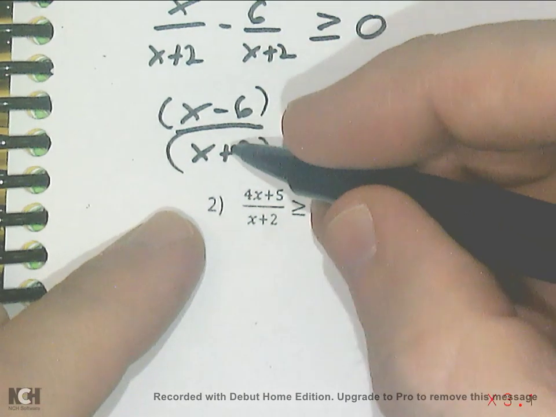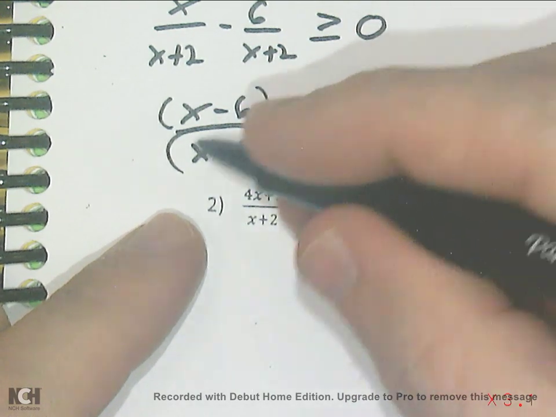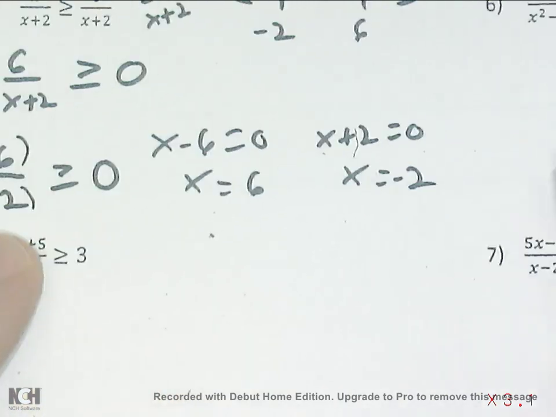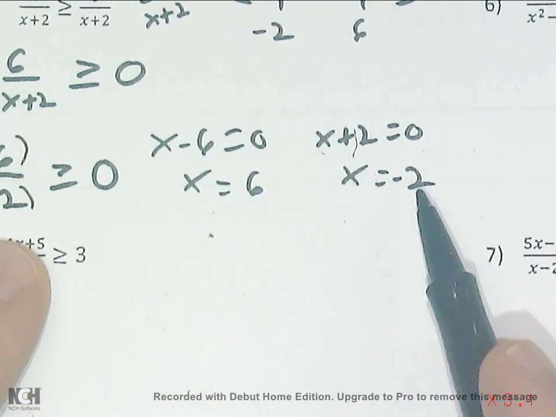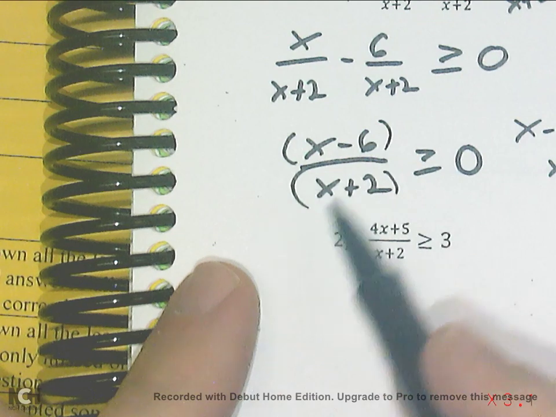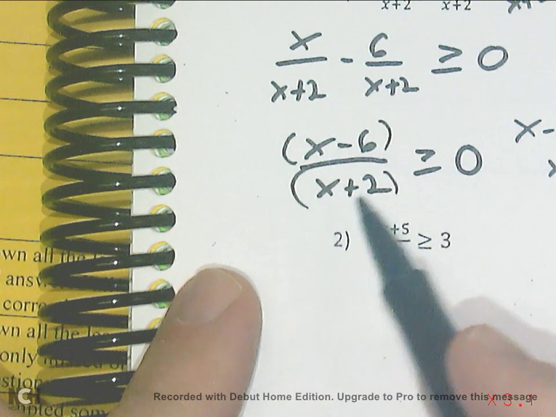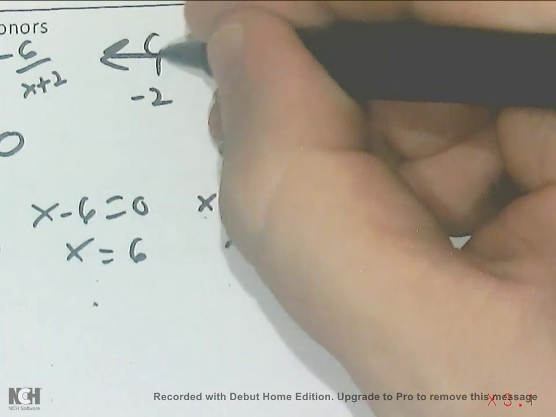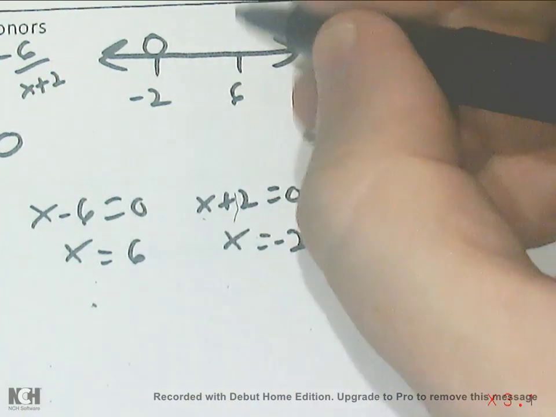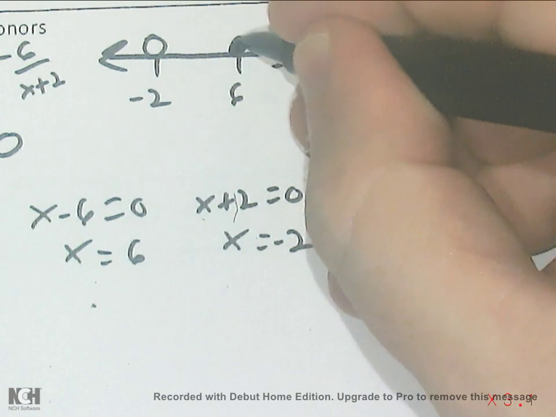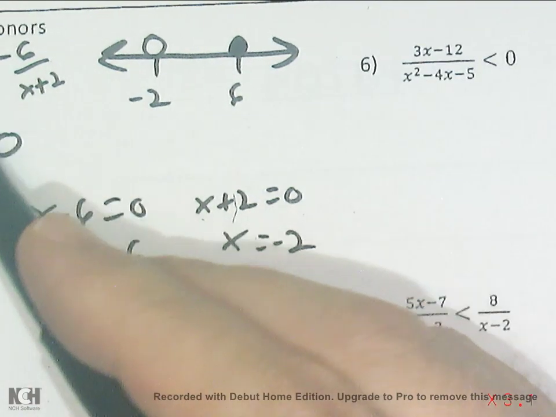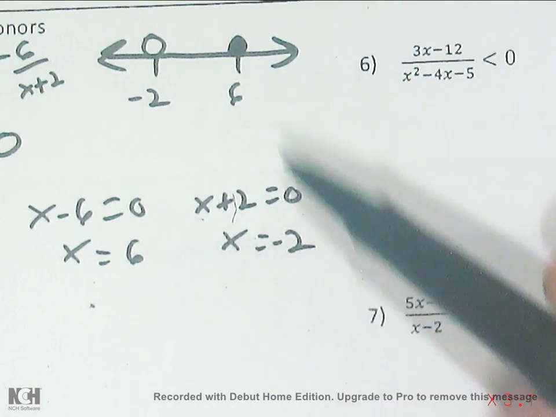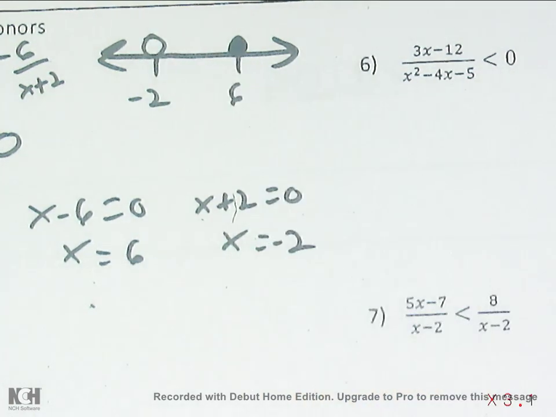So the intercept that's representing my denominator, which is negative 2, what I get when I solve x plus 2, is always going to be an open circle, because it's just not possible at that value. So negative 2 would be an open circle, and 6 is a closed circle. If it has a greater than or equal to, only the top x values are going to have a closed circle. Anything on the bottom is always going to be open.